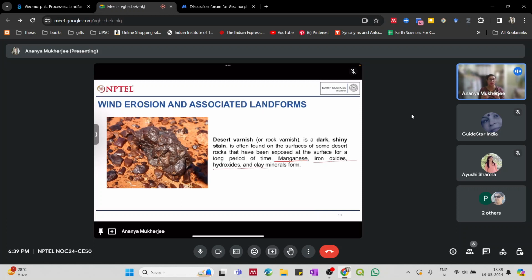These form a thin layer on the rock surface, and this is when the surfaces of these rocks are exposed for a certain period of time, and the minerals that are already present in the rock, with the differences in temperatures and the continuous abrasion that happens, undergo a chemical reaction that forms a layer of this stain, which is called desert varnish, or you can also call it rock varnish.